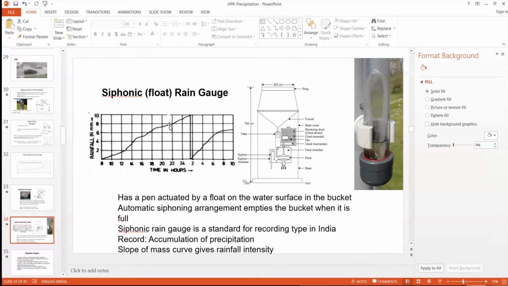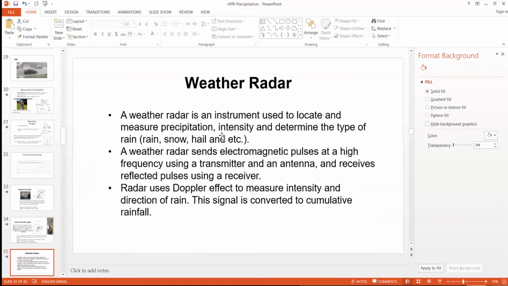Then after reaching the full level of the chamber, due to the siphonic action, the water is emptied. Again, the water collected in this chamber is increasing.